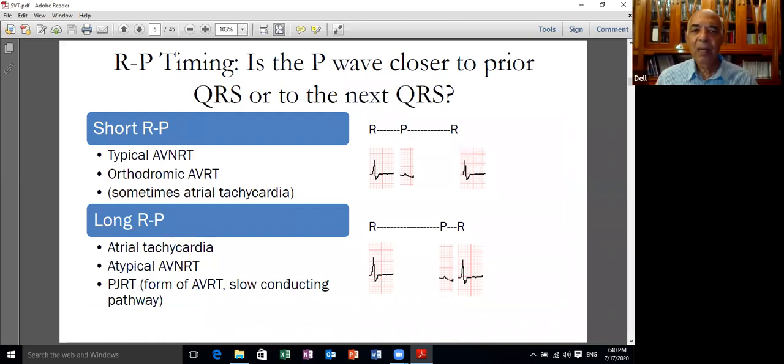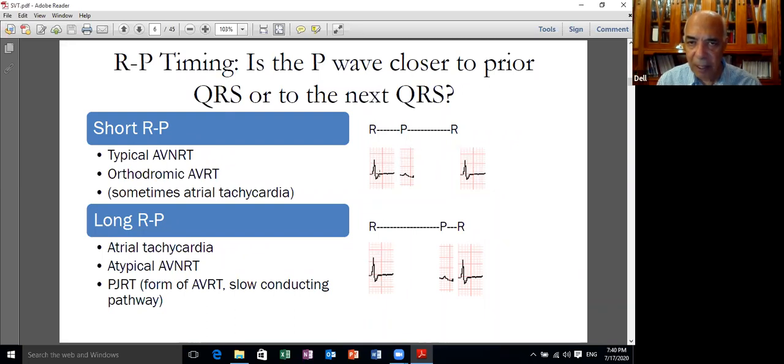Okay. Now let's go to the explanation of short versus long RP tachycardia. If this is the RR interval, you divide this distance in half. If the P wave falls into the left-sided half, this is called a short RP tachycardia. If the P wave falls into the right-sided half, it's called a long RP tachycardia.